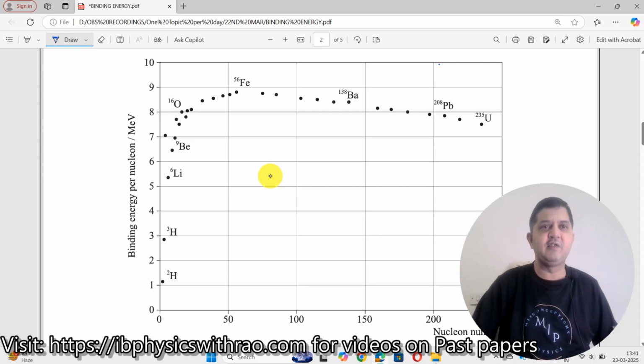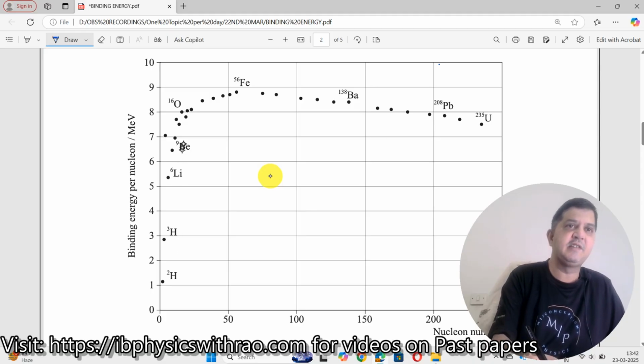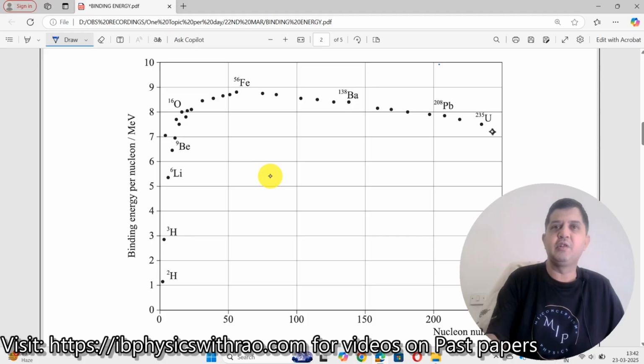Now, what is the question over here? I can just interpret the graph here. It says helium over here, I think this should be 3H, and this is lithium, this is beryllium, oxygen 16, iron 56, barium 138, lead 208, uranium 235. What you observe is that this is not the binding energy, it is the binding energy per nucleon.